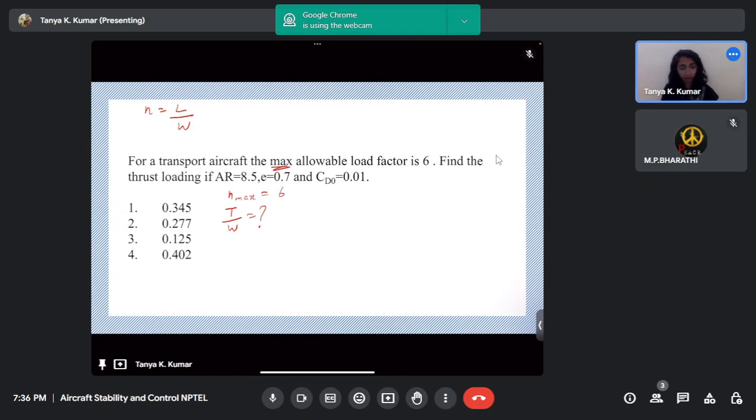So if I were to split this equation, it will come to T by W, right? It's just how it's seen in the previous question, L by D, correct?